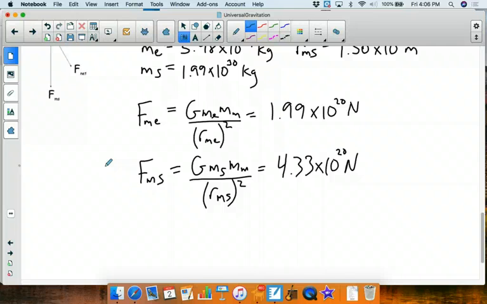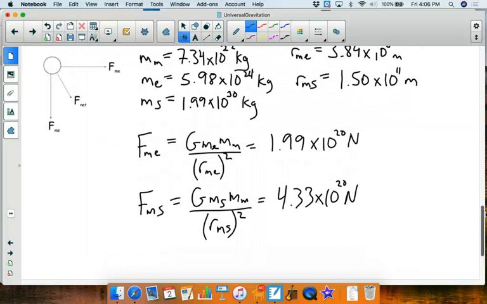Okay, so now we just need to do a vector addition. So we'll look at a picture here. This is 1.99 times 10 to the 20 newtons, and this is 4.33 times 10 to the 20 newtons.